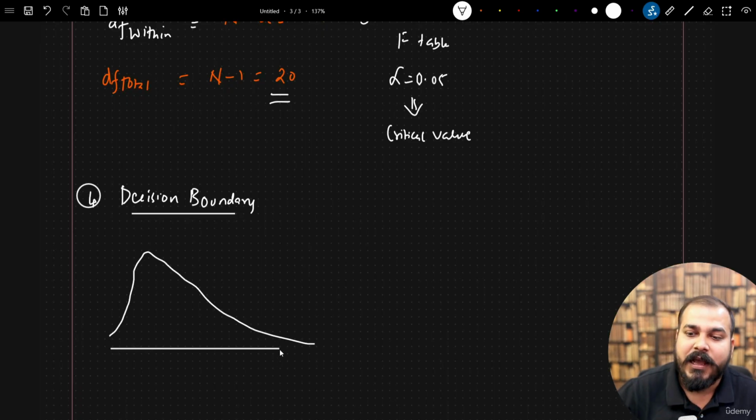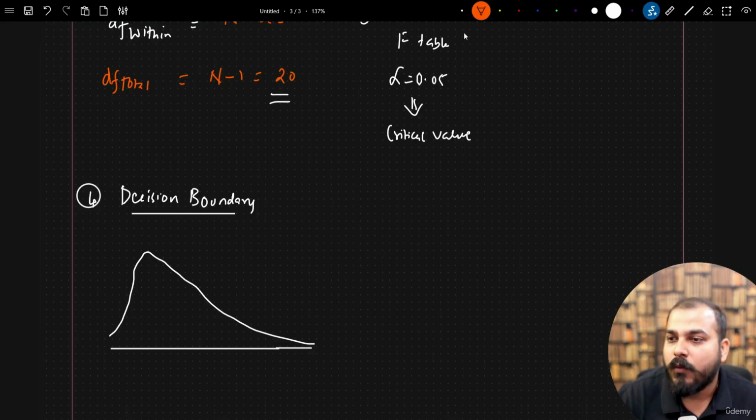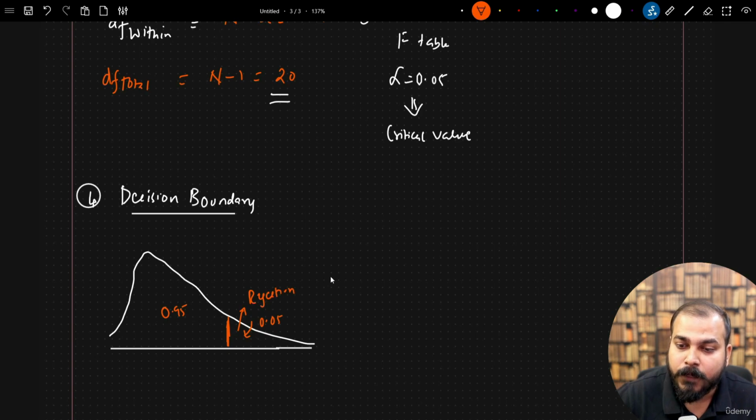The right hand side is elongated, and this region we define as our 0.05 region, and this is our 0.95 region, the confidence interval. In short, this is my rejection area, and this is my acceptance area.